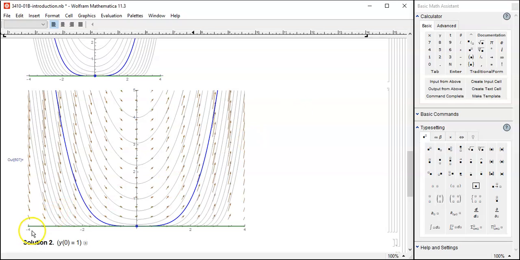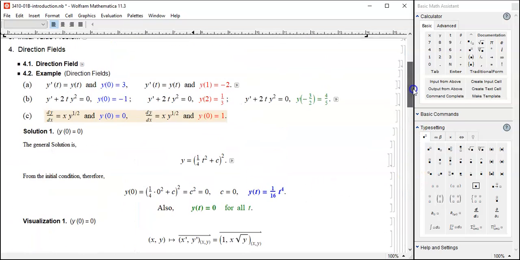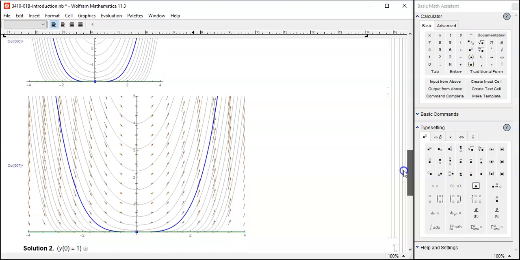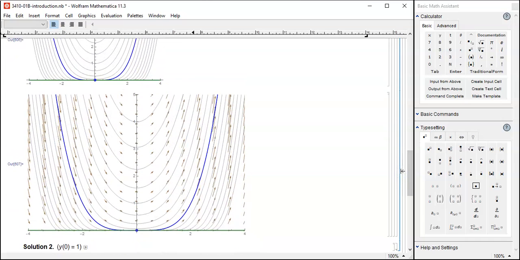But how about this green, the singular solution? Y is constantly 0, then that part is 0, the derivative is 0, everything makes sense. It's just a singular solution that we usually wish to avoid, but in this particular case, we cannot avoid it.